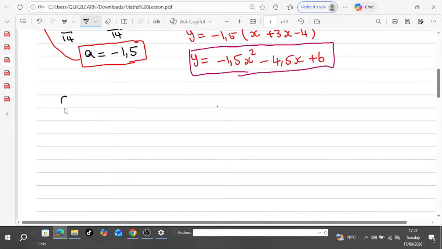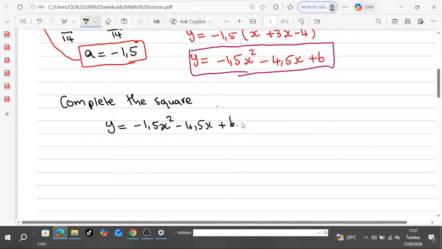Remember, to move from quadratic to turning point form, you complete the square. So we have y equal to negative 1.5x squared minus 4.5x plus 6.